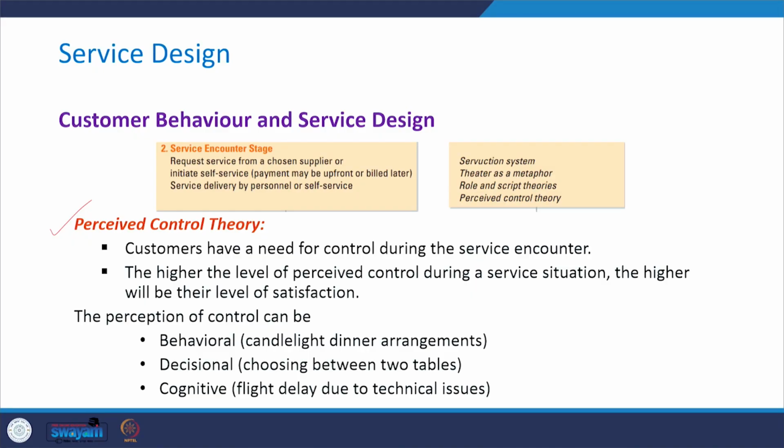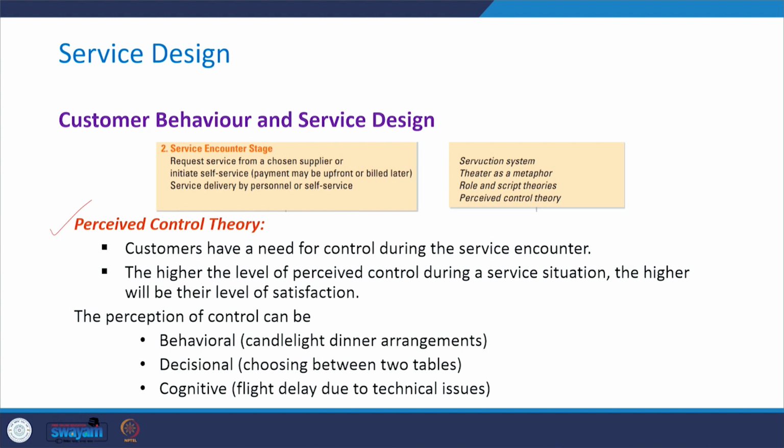Behavioral, for example, candlelight dinner arrangements made for you. Decisional may be choosing between two tables from a particular restaurant. Whereas cognitive control deals with flight delay due to technical issues. Let's understand these controls in detail. Behavioral control allows the customer to change the service situation by asking the firm to customize its typical offerings.